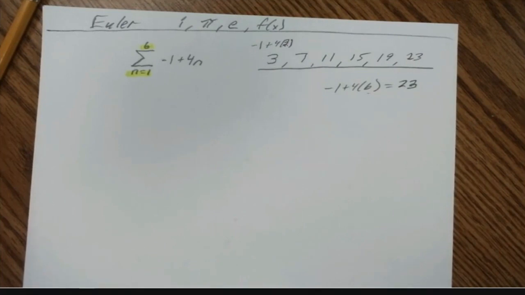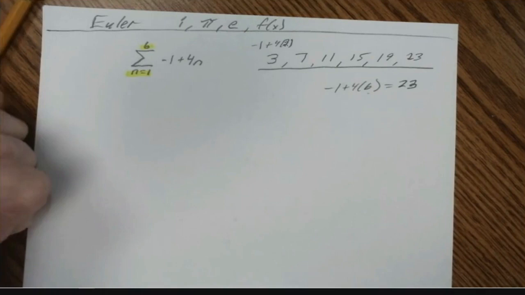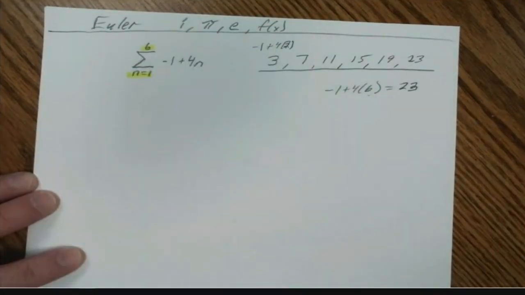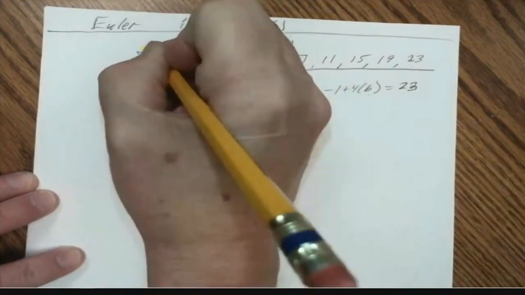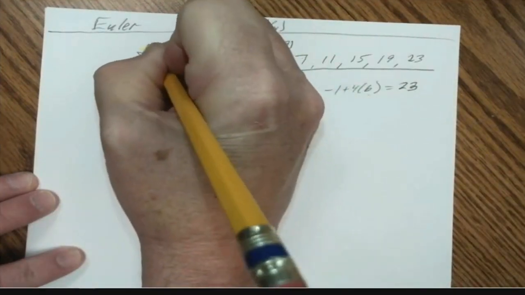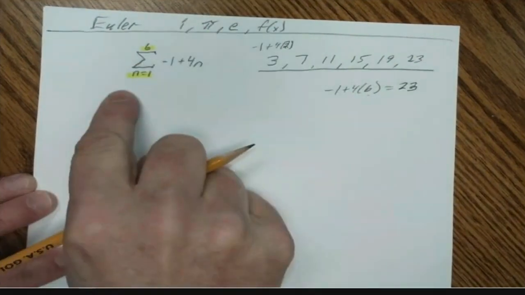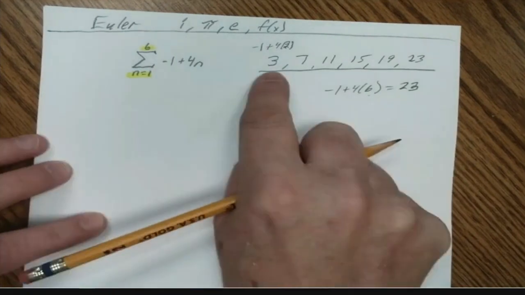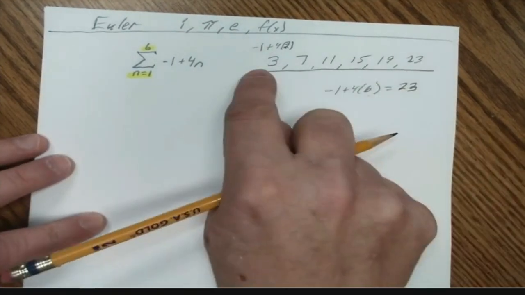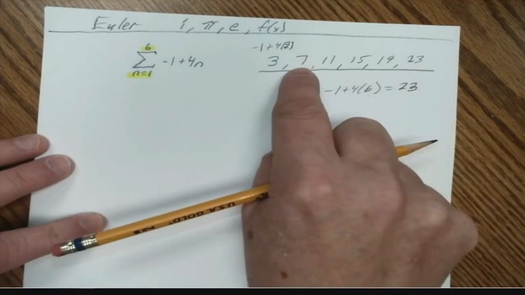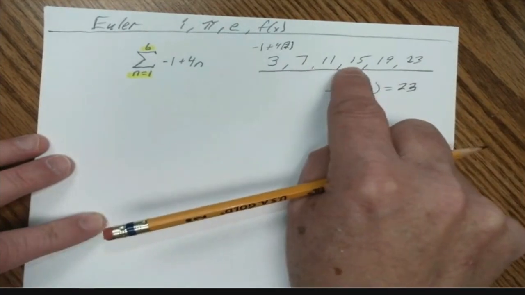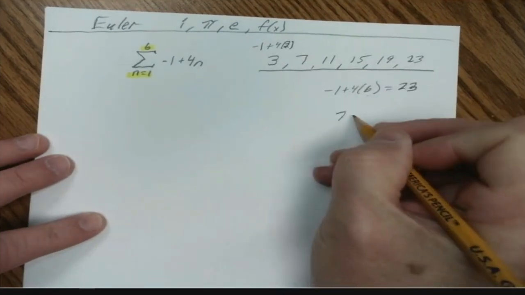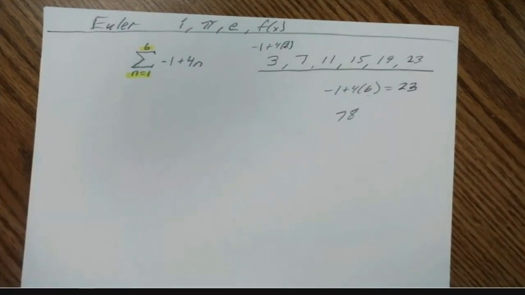Generally, this sigma notation is where we take the sum. So the sum, we would add all those together. 3 plus 7 is 10, 10 plus 11 is 21, 36, 55, 78. So 78 is our sum of that. And we use sigma notation to do that.